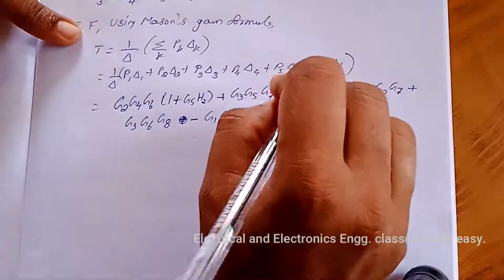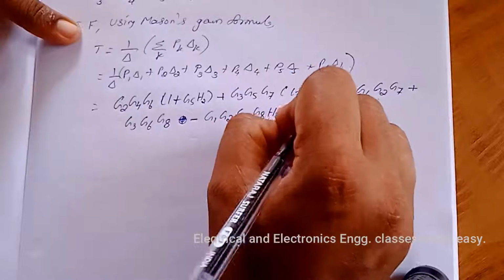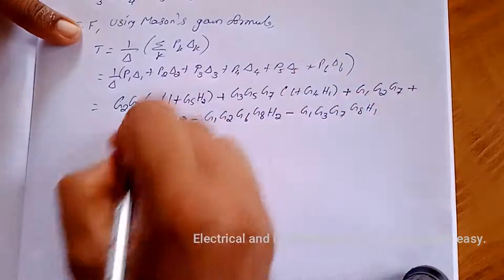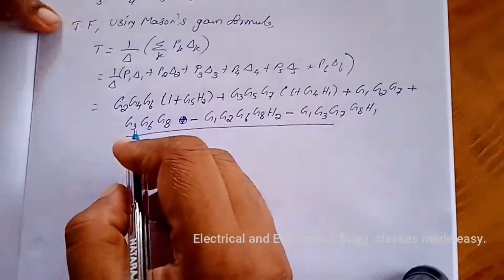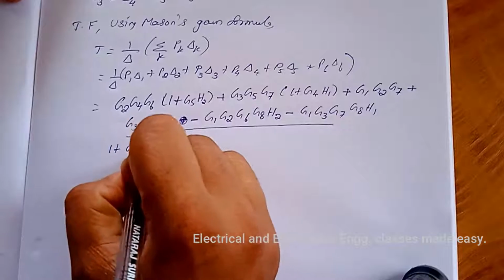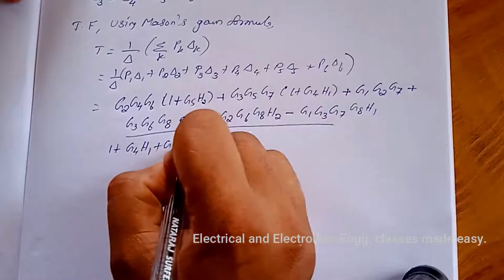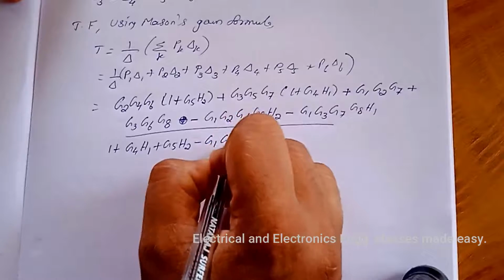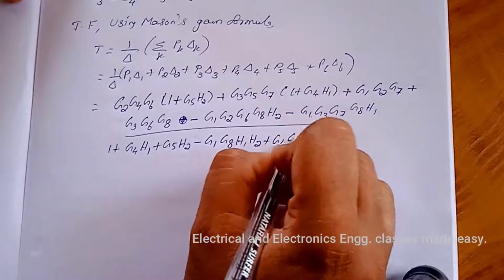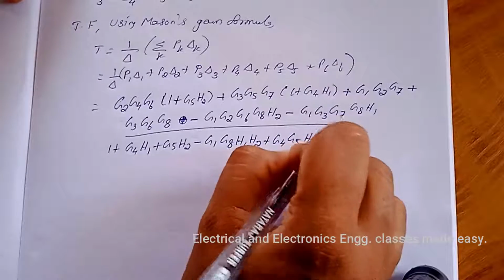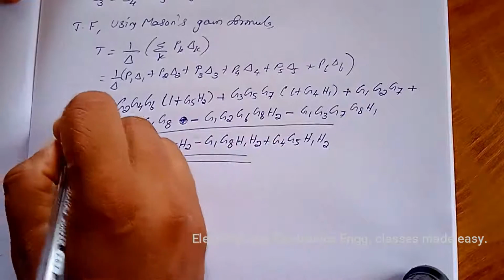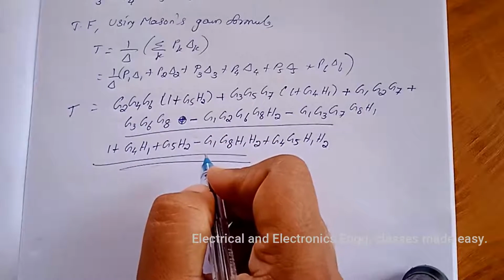Then P6 is minus G1 G3 G7 G8 H1, whole divided by delta, which is 1 plus G4 H1 plus G5 H2 minus G1 G8 H1 H2 plus G4 G5 H1 H2. So this is the transfer function for the given signal flow graph.